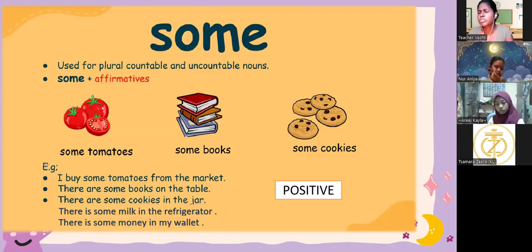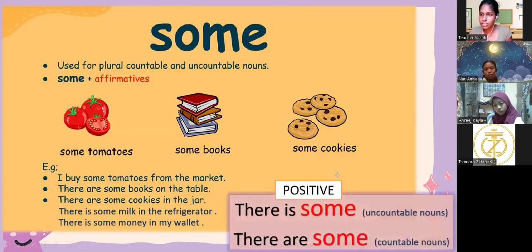But all you have to know today is perkataan some, we use it for positive sentences. Do you understand? Kalau untuk uncountable nouns, benda yang tidak boleh dikira, we use there is some. Kalau benda yang boleh dikira, ada lebih dari satu, so you got to say, there are some.